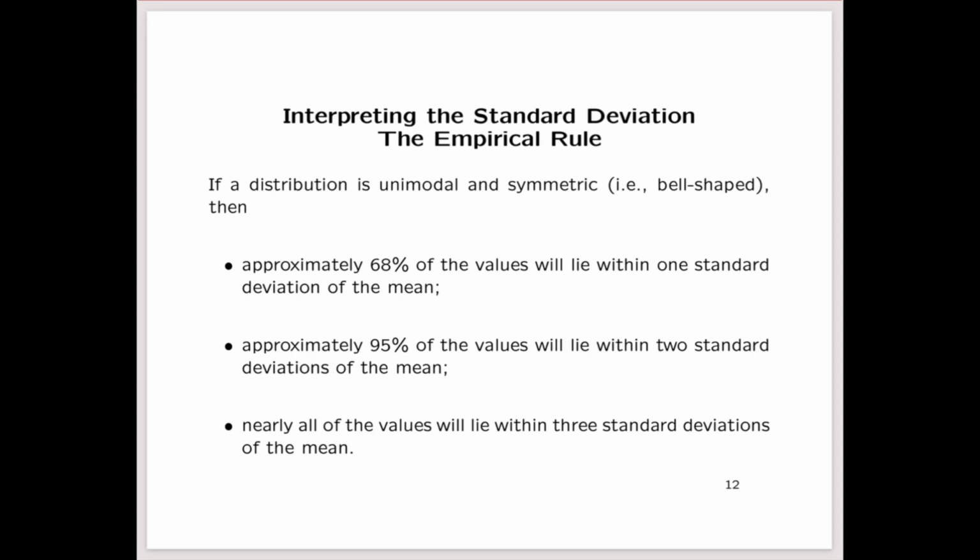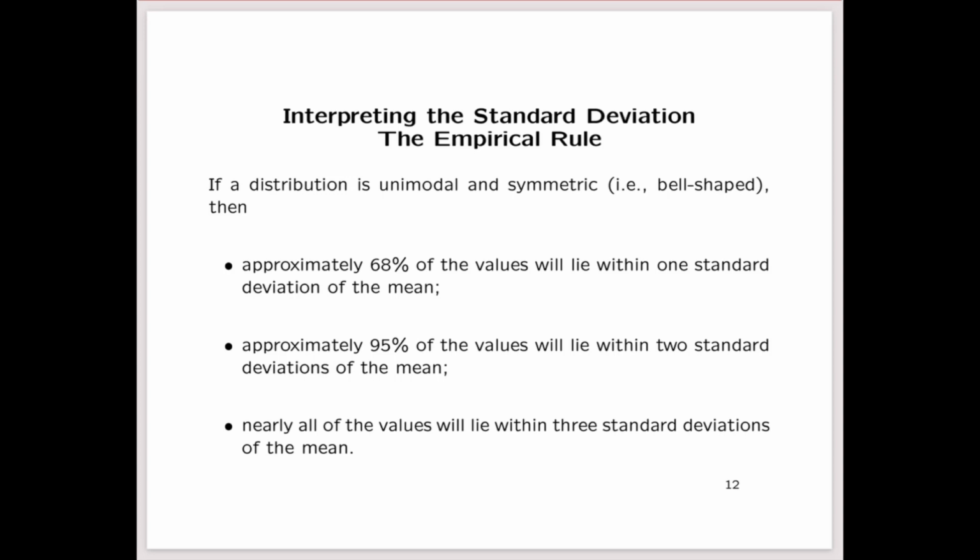It turns out that approximately 68% of the values in the sample space of that random variable will lie within one standard deviation of the mean. In addition, approximately 95% of the values will lie within two standard deviations of the mean. And then finally, nearly all of the values will lie within three standard deviations of the mean.